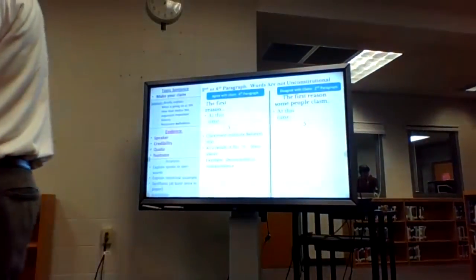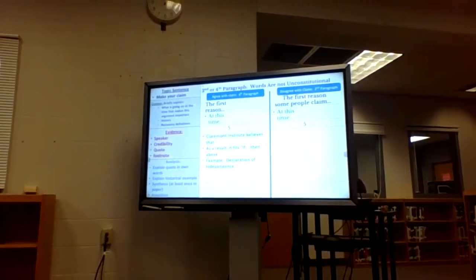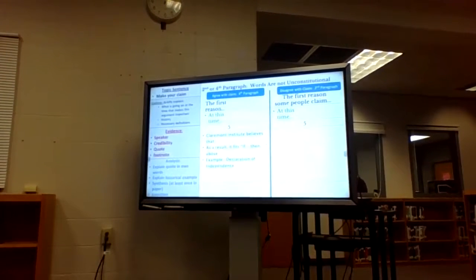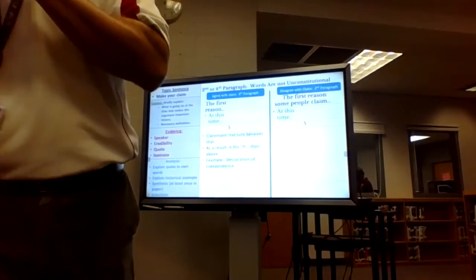Thomas Jefferson talks about how you are endowed by your creator with certain unalienable rights. Is inalienable. Okay. Among these are, do you know your inalienable rights? Life, liberty, and the pursuit of happiness. Notice, by the way, you do not have the inalienable right to be happy, but you can sure try.